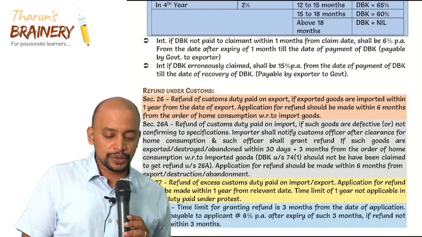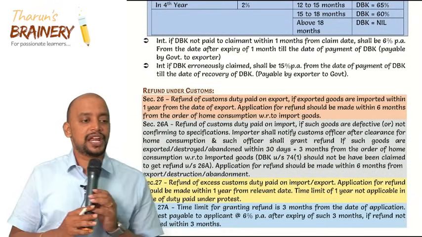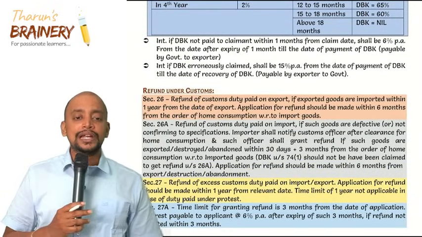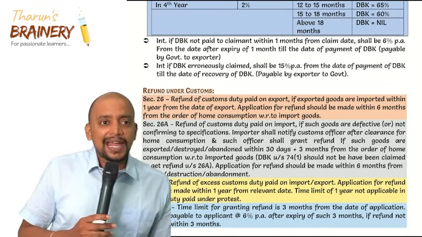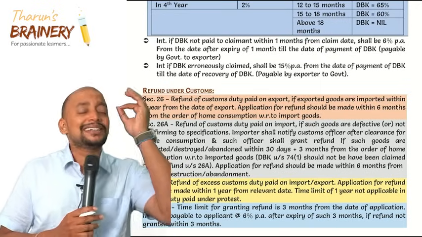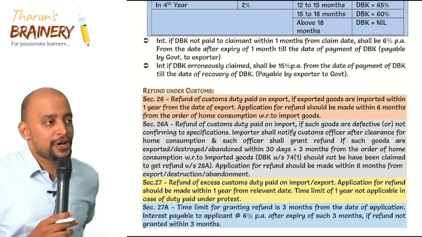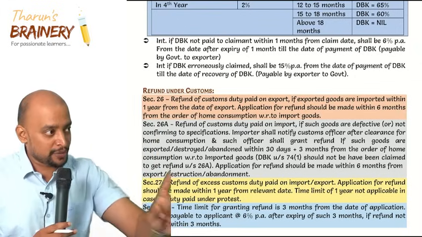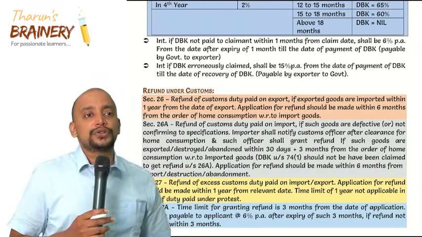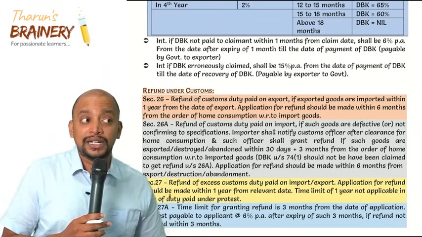Now look into the interest computation in case of duty drawback. There are two interest provisions in duty drawback. Number one, you made a claim of duty drawback. What is the time limit within which they need to give you duty drawback amount? 1 month. Within 1 month, they need to give you duty drawback amount. Otherwise, they have to give you interest. Now, government is giving interest.